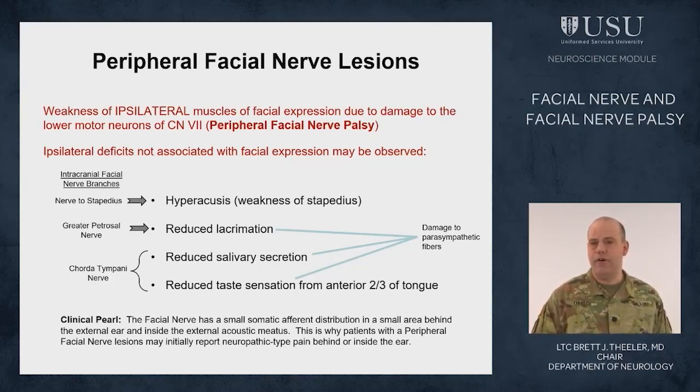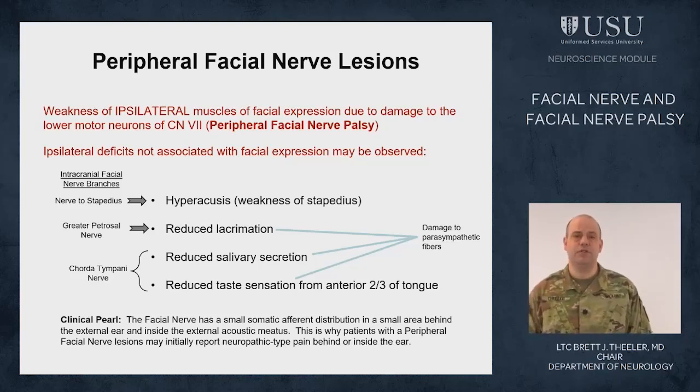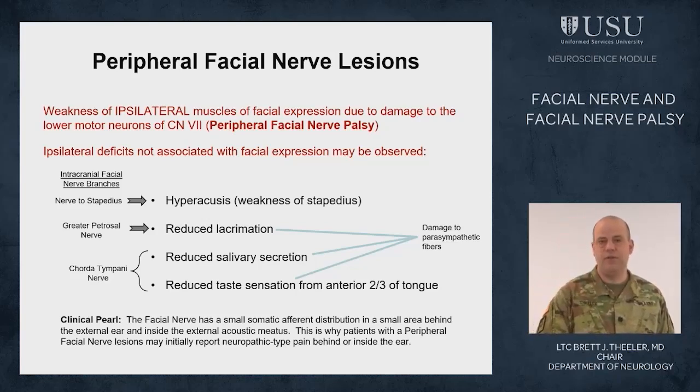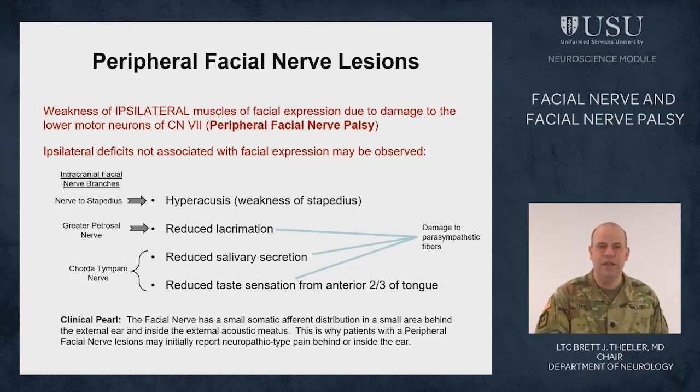If patients have involvement of the parasympathetic fibers, they may have reduced tearing, or they may have reduced salivary secretion, or reduced taste on the anterior 2/3 of the tongue. And again, those will be on the same side as the weakness. Now, it's not often taught, but the facial nerve does actually have a small sensory distribution behind the ear and in the ear. So patients who have a peripheral facial nerve lesion may actually have an area of neuropathic pain either in or behind the ear.